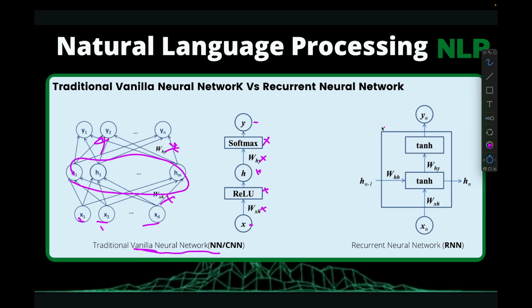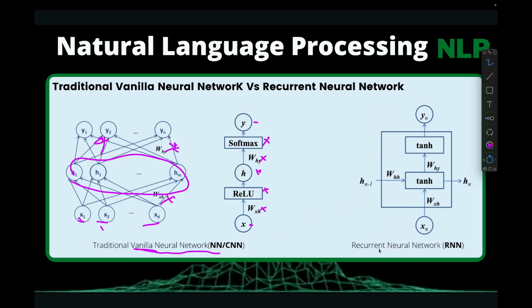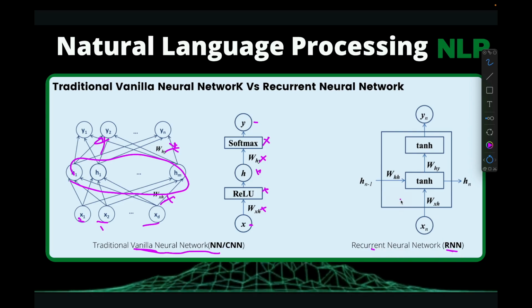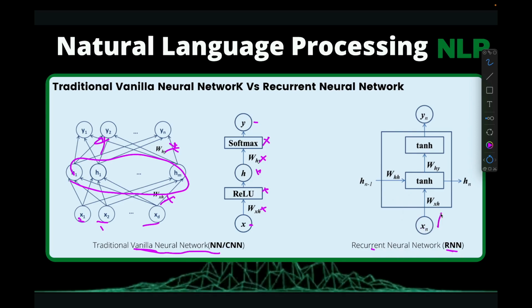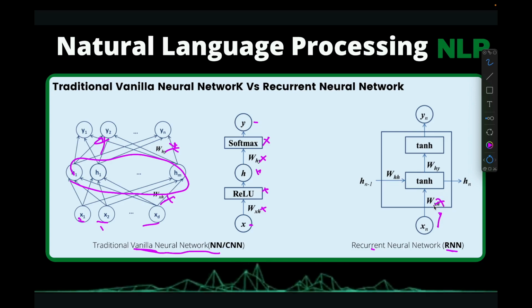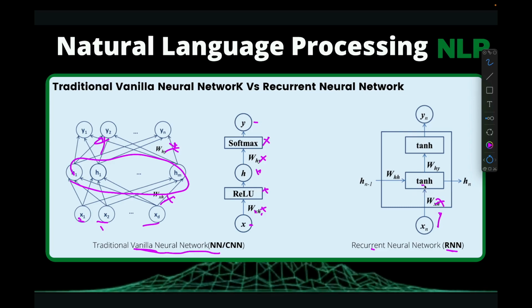Now, when it comes to the recurrent neural network, the RNN, you have your input, and you multiply it with some weight, just like this, and then you also have the non-linearity over here.